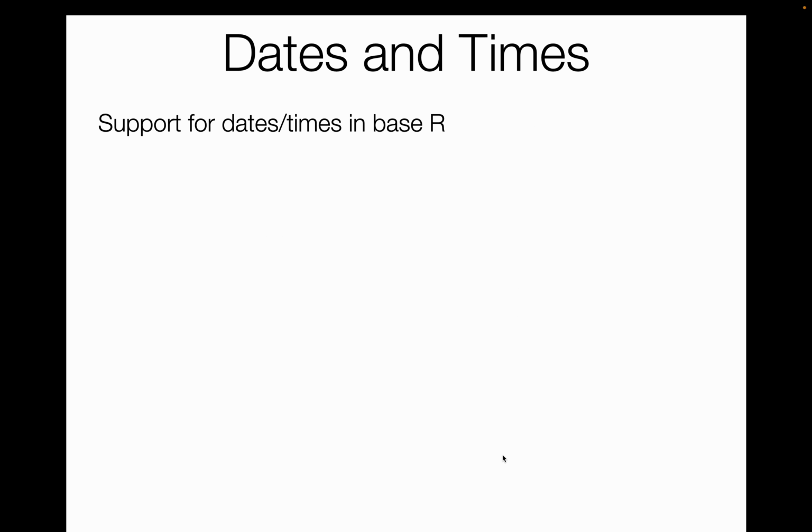So what do dates and times in base R look like? So here is a date, June 3rd, 1993. This is my birthday, and so I want to make that a date. So I give it as a character, just a character. It doesn't know any better than it was a character of 1993-6-3.